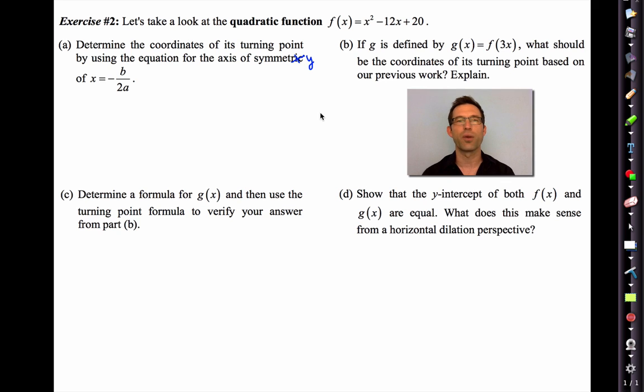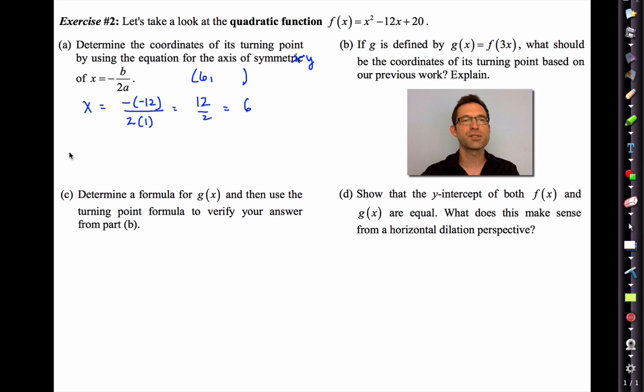So let's find the turning point of this using that formula we saw in a previous unit. Let's do it together, actually. It's been a little while since we've done this. -b will be -12 divided by 2a. a is 1. So we'll get 12 divided by 2. So that's 6. So the x-coordinate of the turning point is 6.